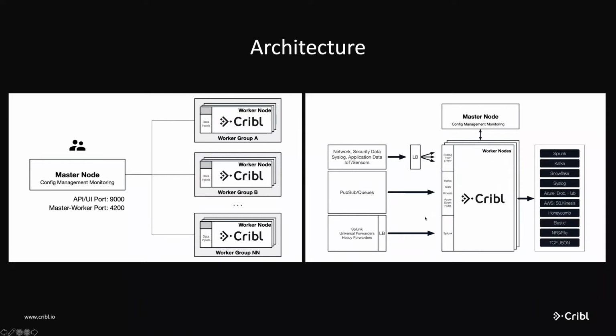Your worker nodes here are going to be taking in data via a number of different protocols. It could be metrics protocols, it could be syslog, it could be HTTP, it could be Splunk Universal Forwarder or Heavy Forwarder, it could be Kafka or Kinesis. That's the data plane concept, so the workers are taking all of the data in.